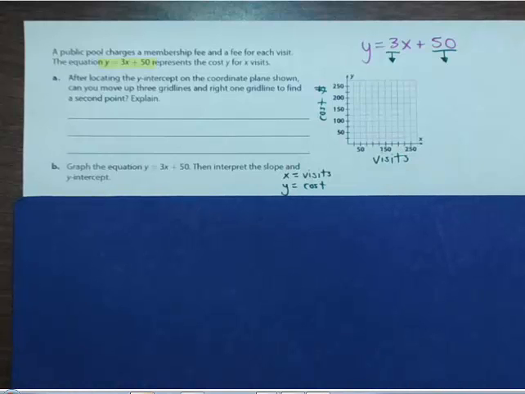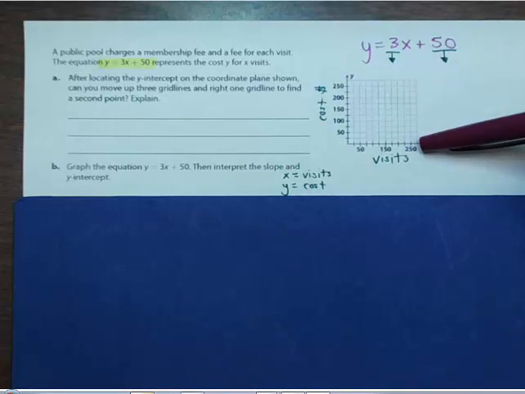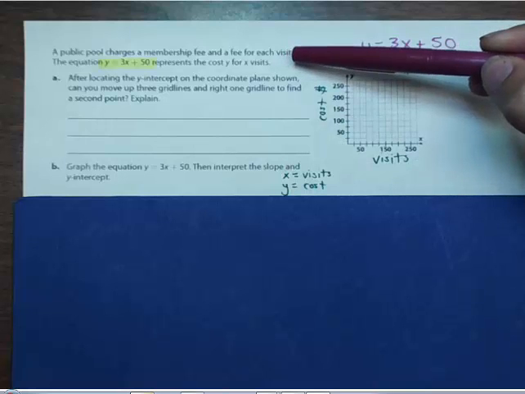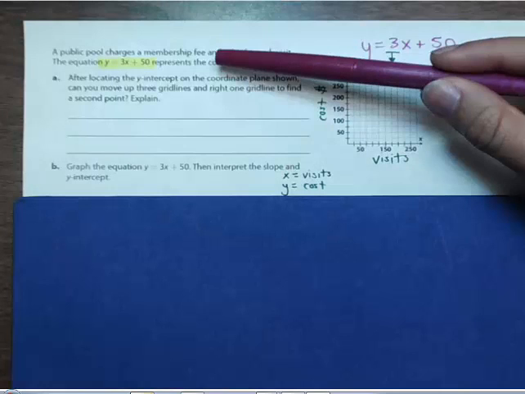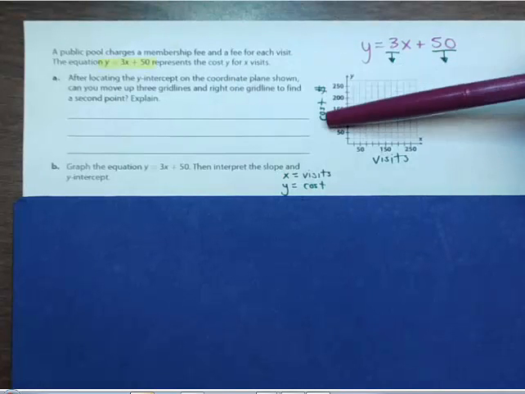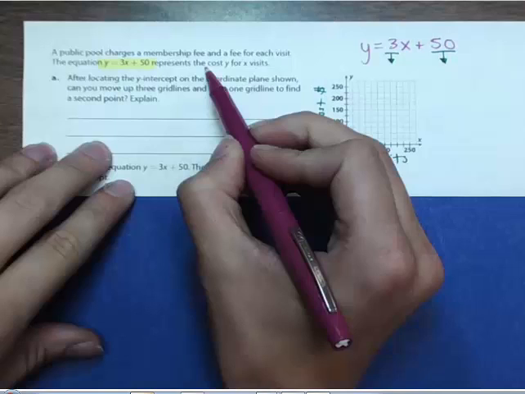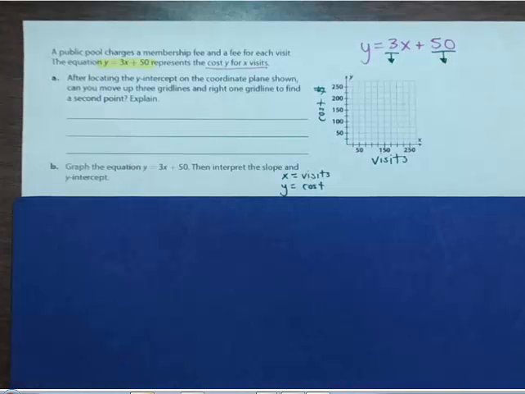I would label my y and my x-axis based off of the information provided in the problem. So, again, it said my cost is y, so I labeled my y-axis cost, and x is visits, so my x-axis is visits. The question that it's asking me is, after locating the y-intercept on the coordinate plane shown, can you move up 3 grid lines and right 1 grid line to find a second point and explain why?